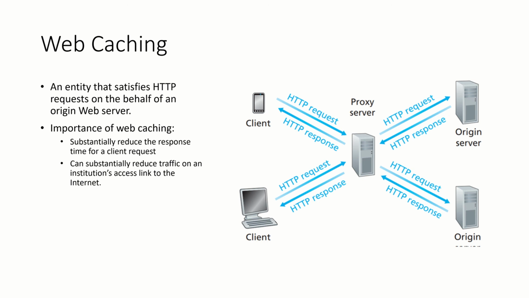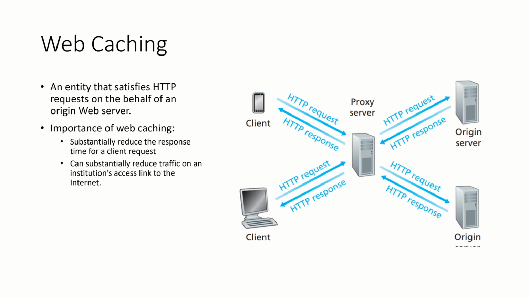After receiving this request, the origin server sends the object within an HTTP response to the web cache. For the last step, when the web cache receives the object, it stores a copy in its local storage and sends a copy within an HTTP response message to the client browser.